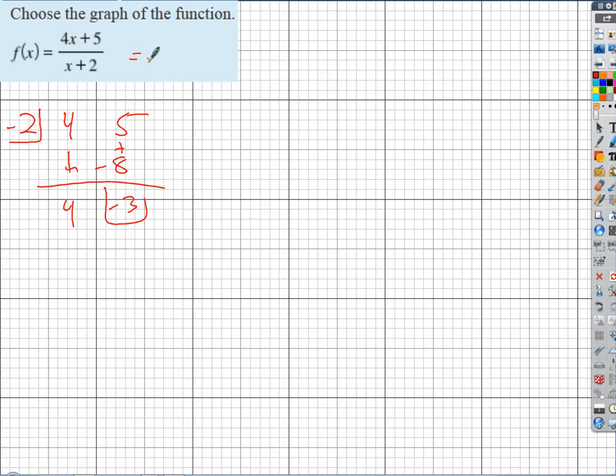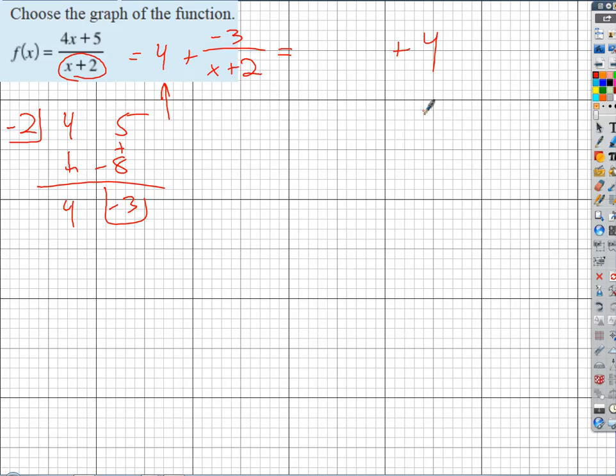So if we write it like this, it looks like 4 plus the remainder of -3, that's what remains, over our denominator, x plus 2. But in 1 step, what we have to do is put it in the form a times 1 over x minus h, plus k. This is the k, isn't it? The constant has to go last.